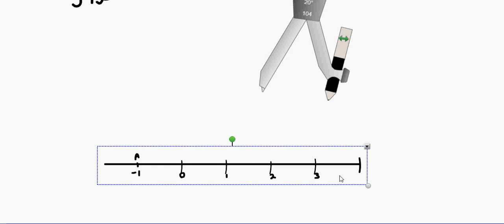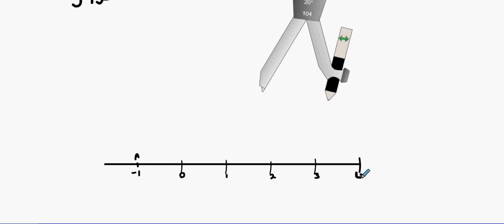Now, next thing. We bisect. You can be point B, you can be point C. I'm going to bisect A and C. How do I bisect A and C? Using the red pen here.